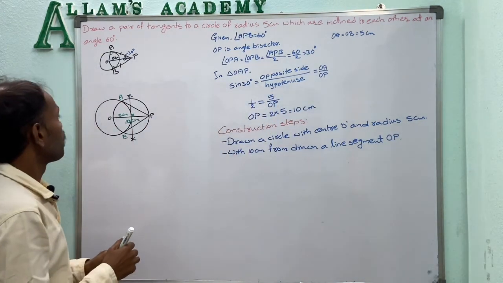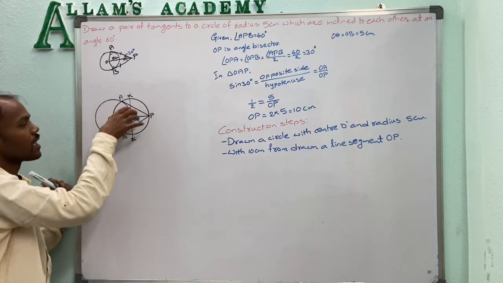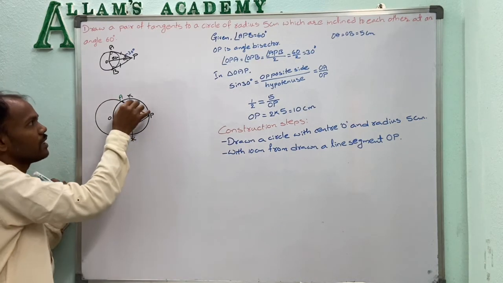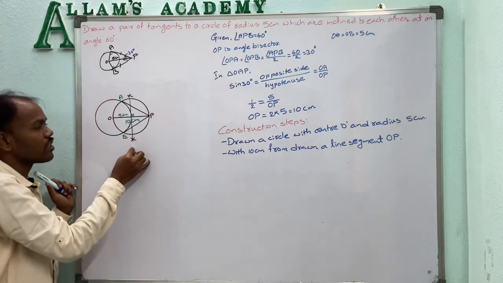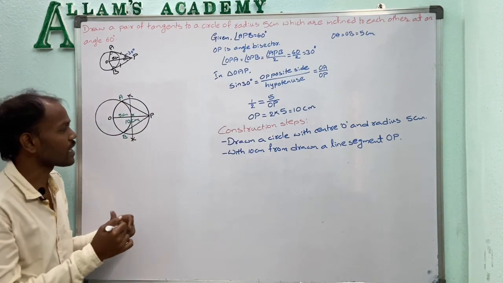Next, with more than half of the length, draw two arcs from O and from P, and the point where they meet is taken as X.